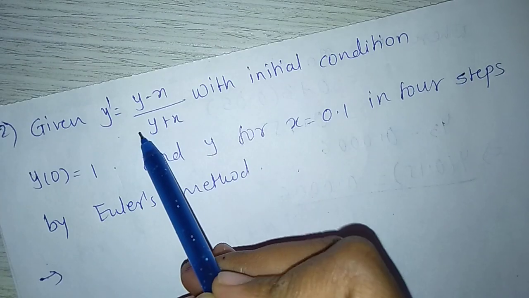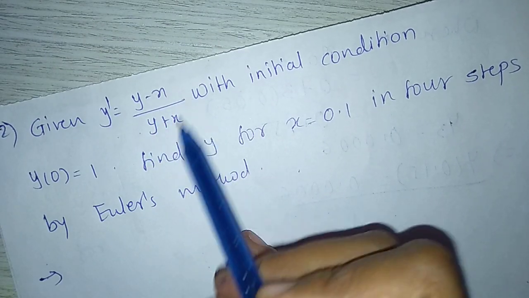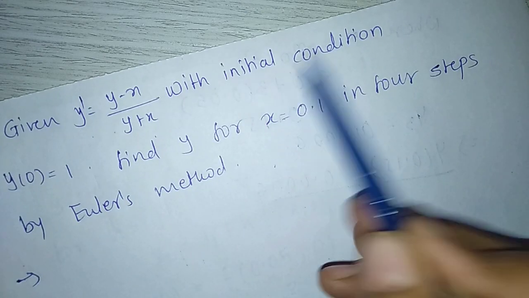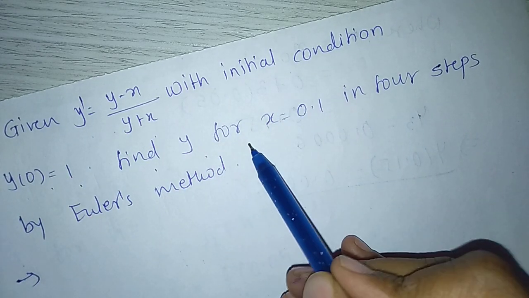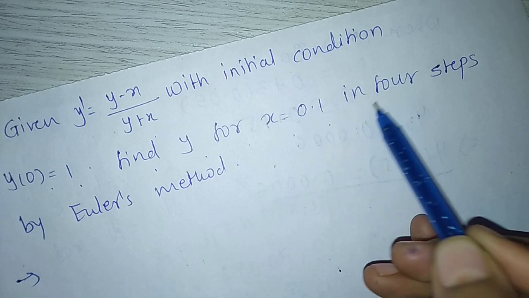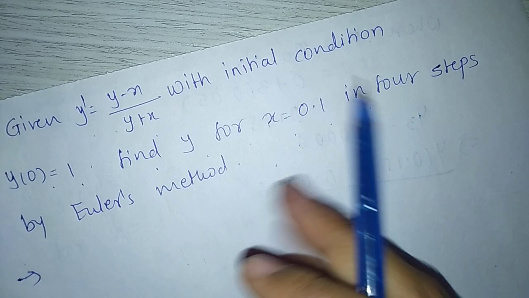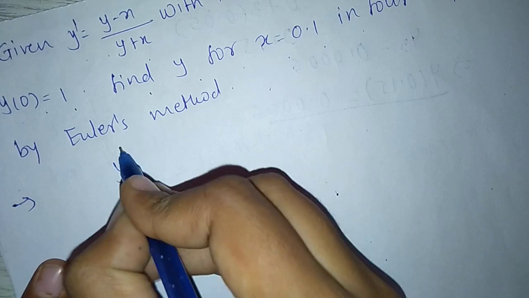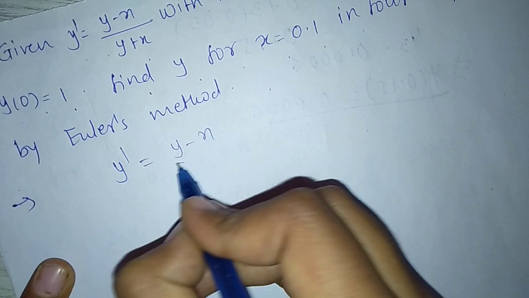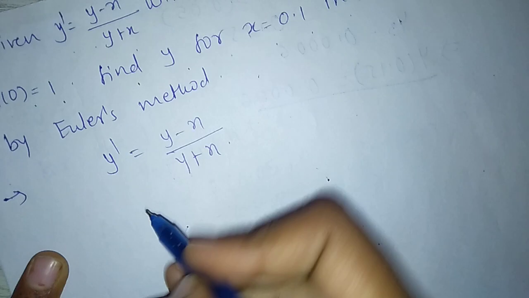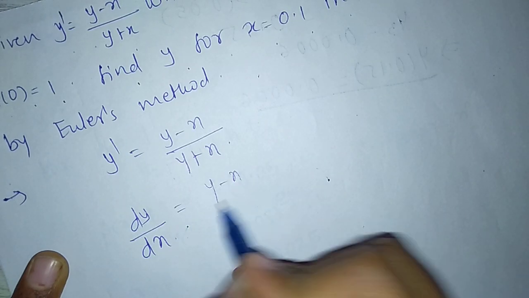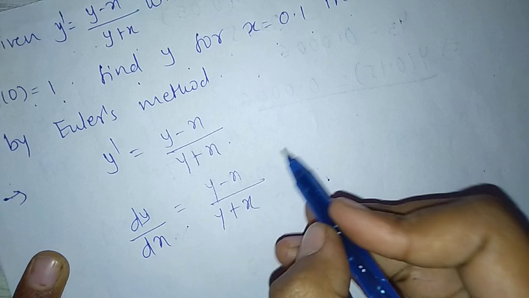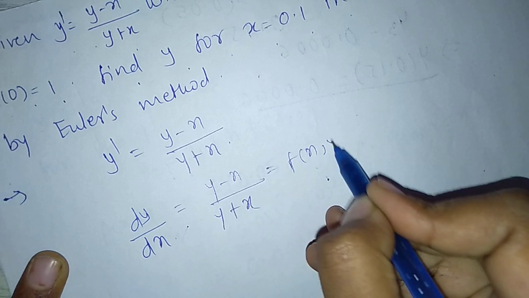Given y dash equal to y minus x upon y plus x with initial condition y of 0 equal to 1, find y for x equal to 0.1 in 4 steps by Euler's method. Y dash equal to y minus x upon y plus x means dy by dx equal to y minus x upon y plus x equal to f of xy.